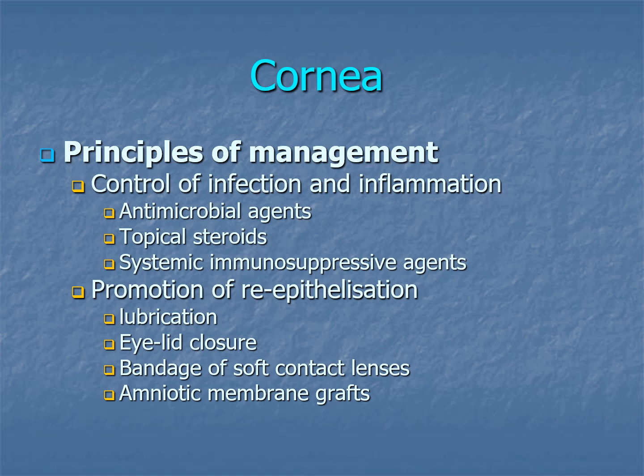To control infection, we use antimicrobial agents, topical antibiotics in normal concentration, usually 0.3%, but we can use fortified antibiotics according to the severity of the infection. Topical steroids and systemic immunosuppressive agents are used to curb the inflammation.